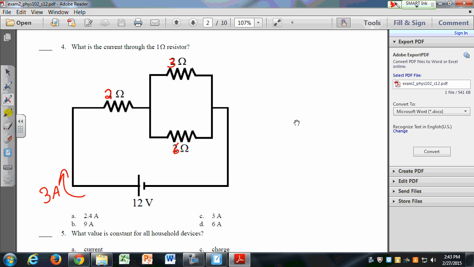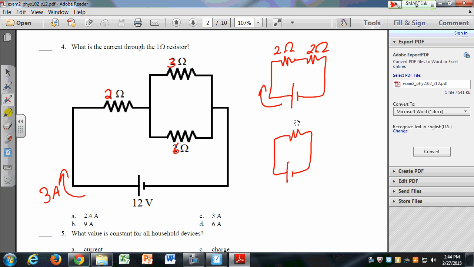Now, if you want to do that a little more rigorously, you would say, well, I'm going to draw my circuit. I have a 2 ohm and a 2 ohm. I get then a 4 ohm equivalent on a 12 volt battery. That gives me 3 amps of current. But if I have 3 amps of current, that means I have 6 volts here and 6 volts here, right?